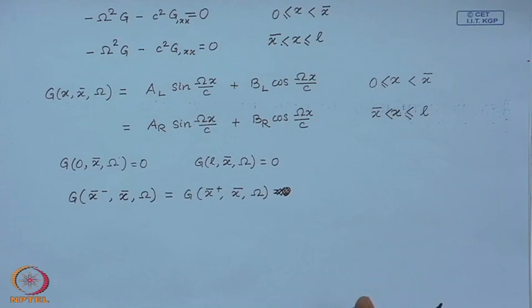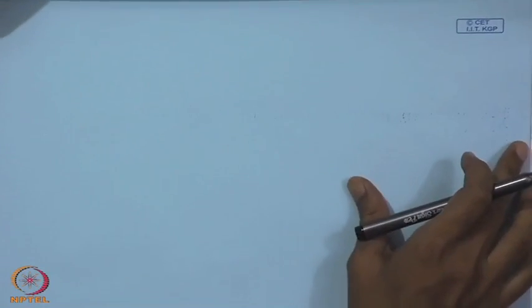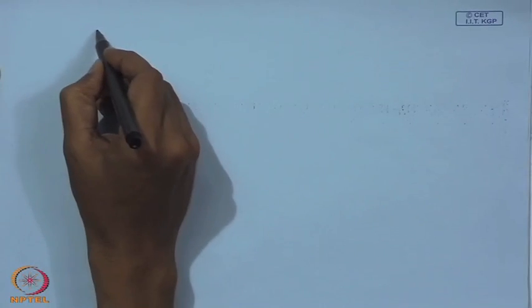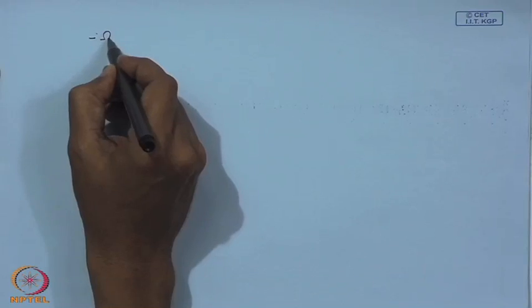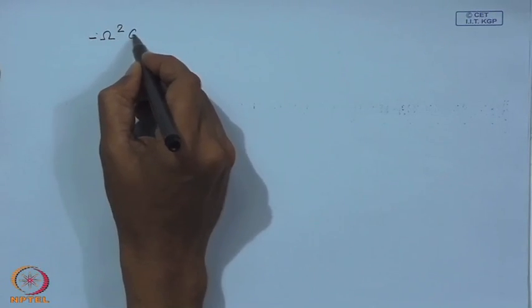So, we have the force balance at x equal to x bar. Now, this force condition for the string can be easily found by directly integrating the differential equation of the boundary value problem.